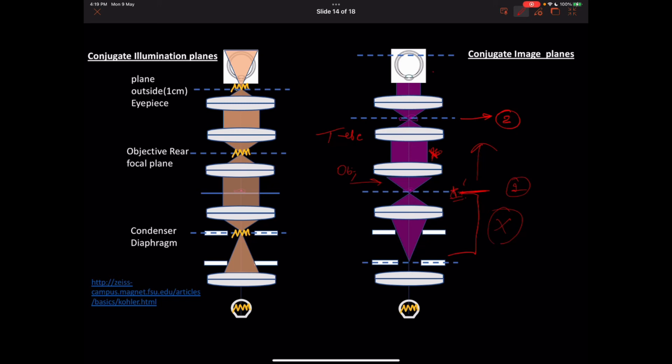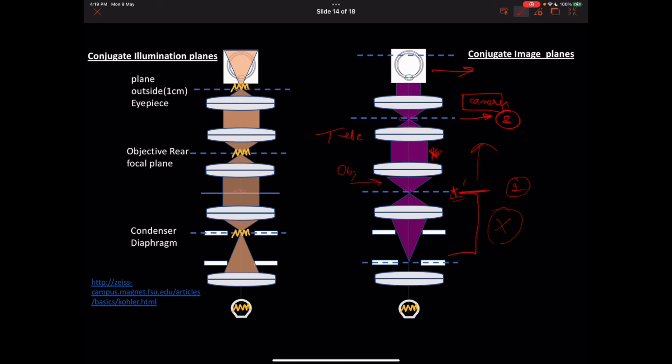If you are not seeing it through the eyepiece with your retina, but with a camera, your camera has to be placed in such a way that its back focal plane is in conjugation with your tube lens, so that you will perfectly get your camera aligned with the optics of the entire microscope, and you're going to get a very sharply focused image of your specimen on your camera. Hence, whenever you are installing your camera, you should know where exactly the conjugate imaging plane lies.